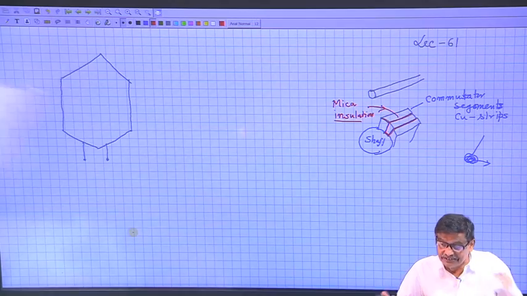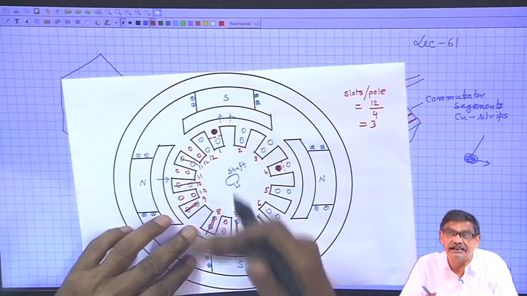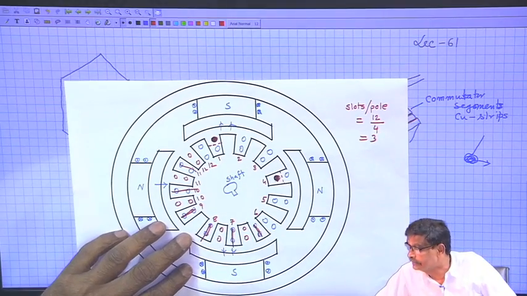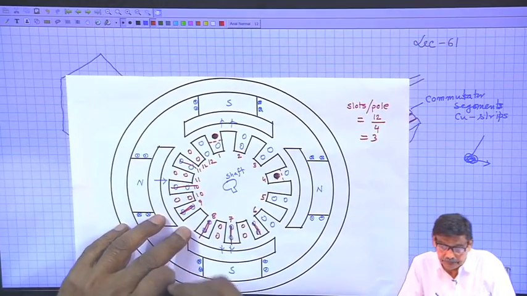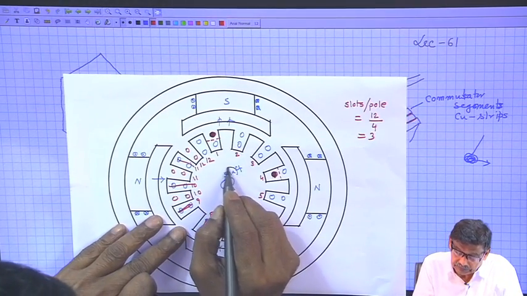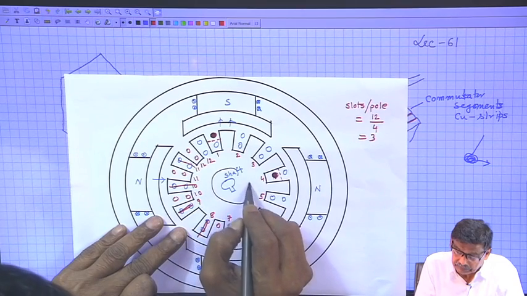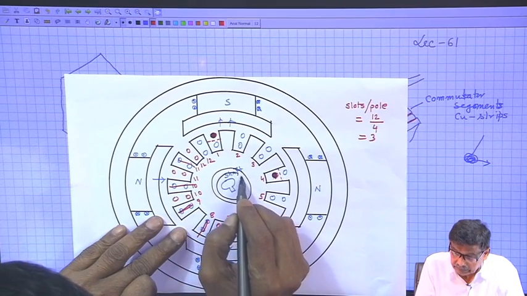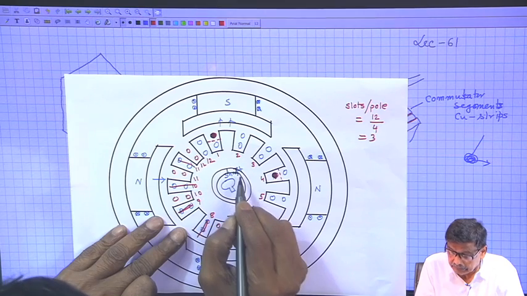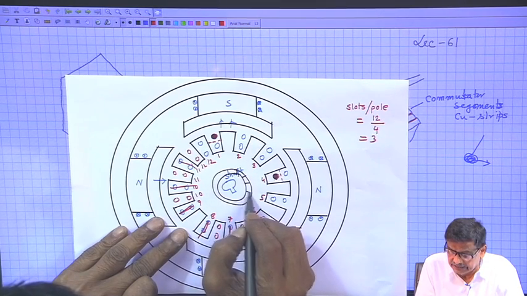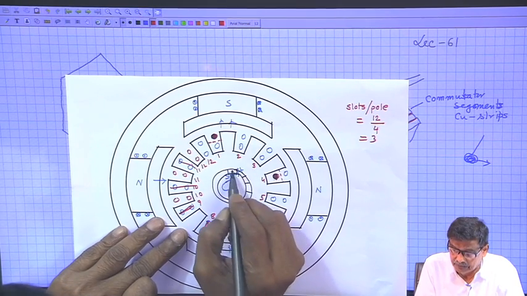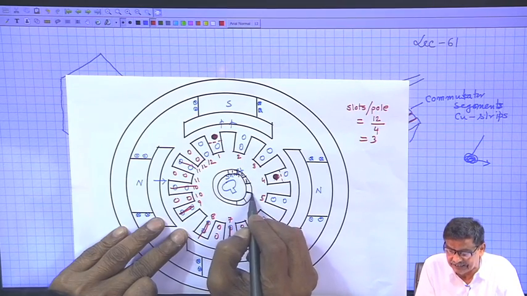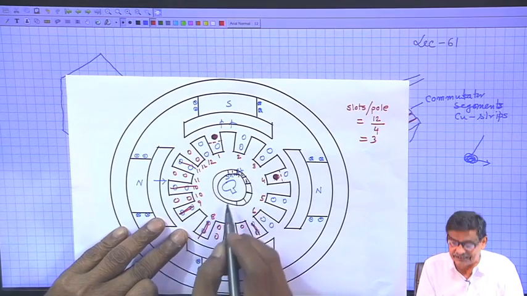That is, suppose this is the shaft. In this sectional diagram, what I will do? I can show it like this. Sixteen such, 1, 2, 3, each one is a commutator segment, these lines are mica insulations like that.